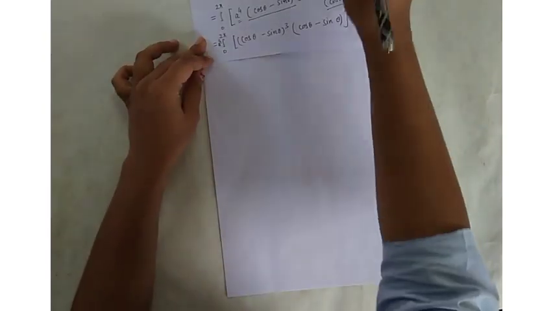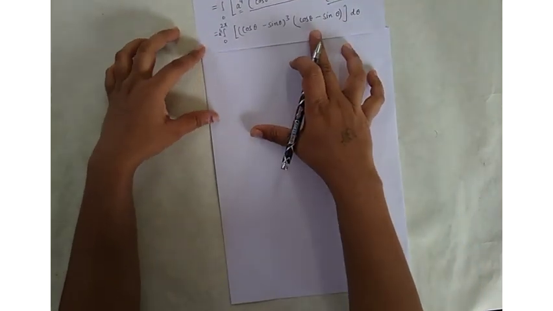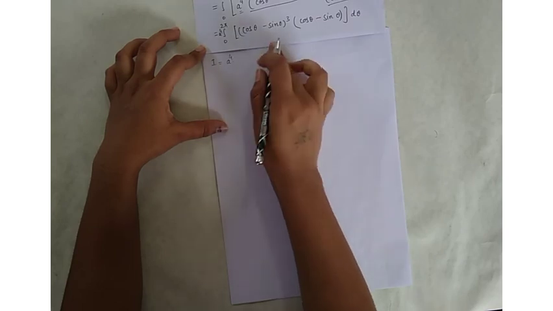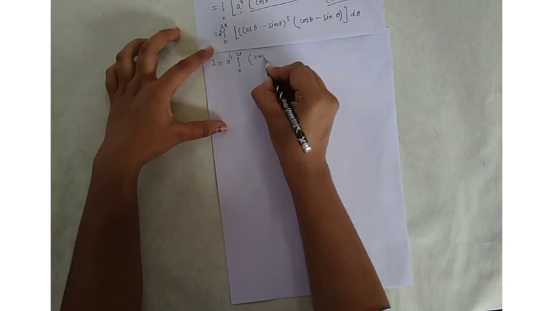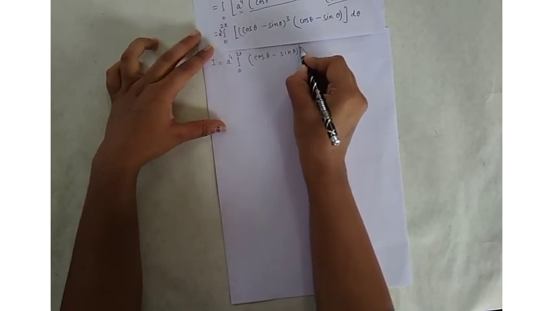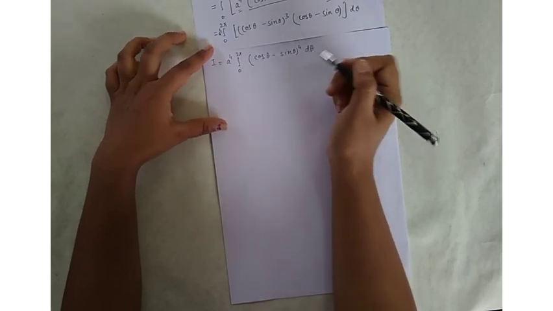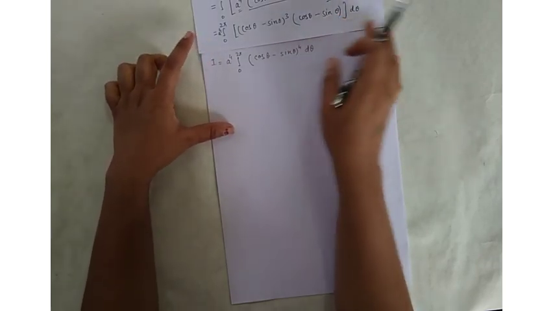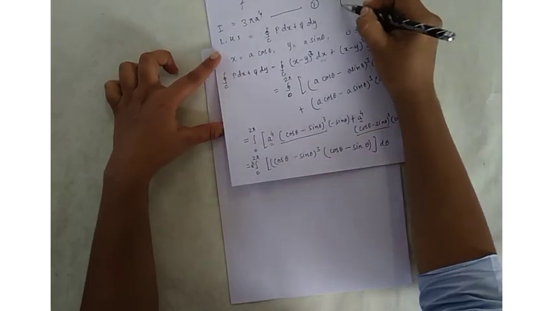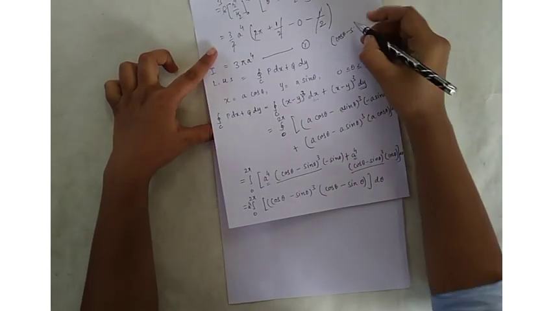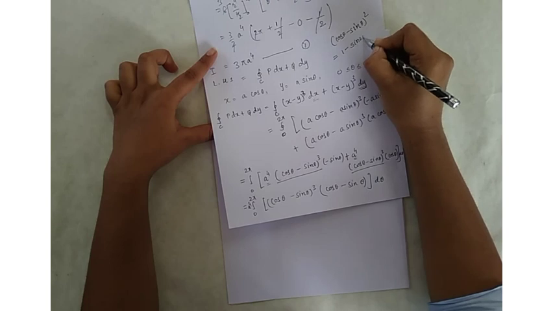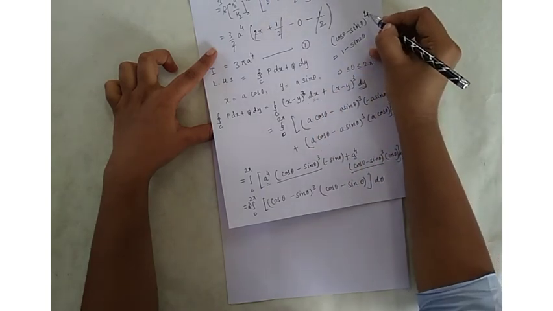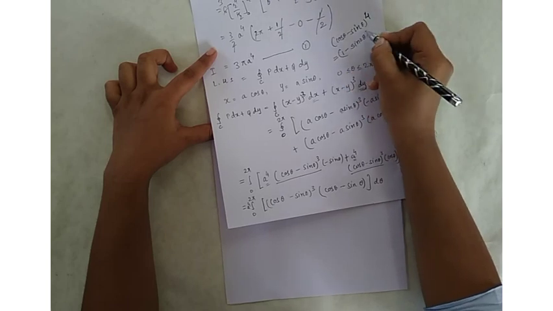So this integral I is equal to a raised to 4, 0 to 2 pi, and this becomes (cos theta minus sin theta) whole to the power 4 d theta. Earlier we know that the value of (cos theta minus sin theta) whole square is 1 minus sin 2 theta. Here we have power 4, so it becomes a square.